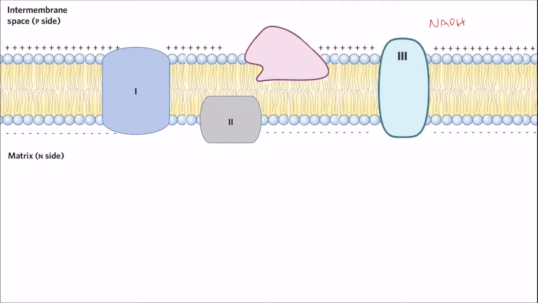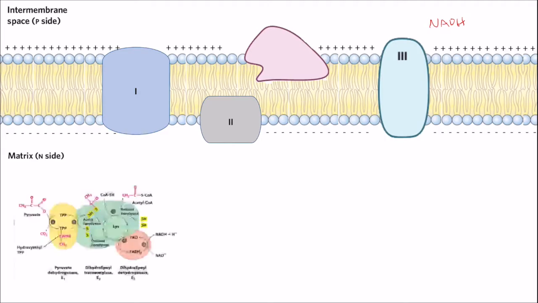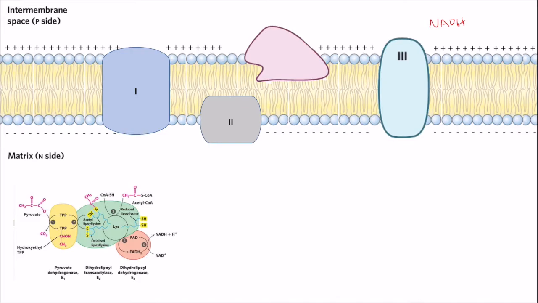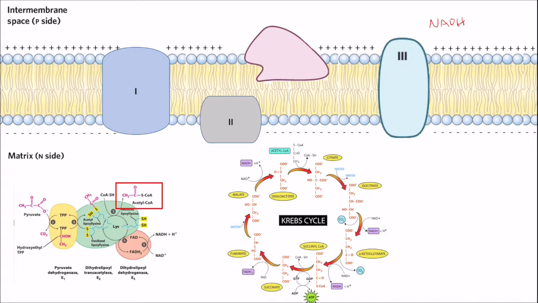The matrix contains most proteins found in the mitochondria, and many of these proteins are part of cycles that occur within the matrix. As we can see here, all the proteins needed for the pyruvate dehydrogenase complex come together inside the matrix to turn pyruvate into acetyl-CoA. Then the pyruvate from glycolysis that is now acetyl-CoA can go on to the Krebs cycle, or the citric acid cycle, where it is able to generate NADH molecules.